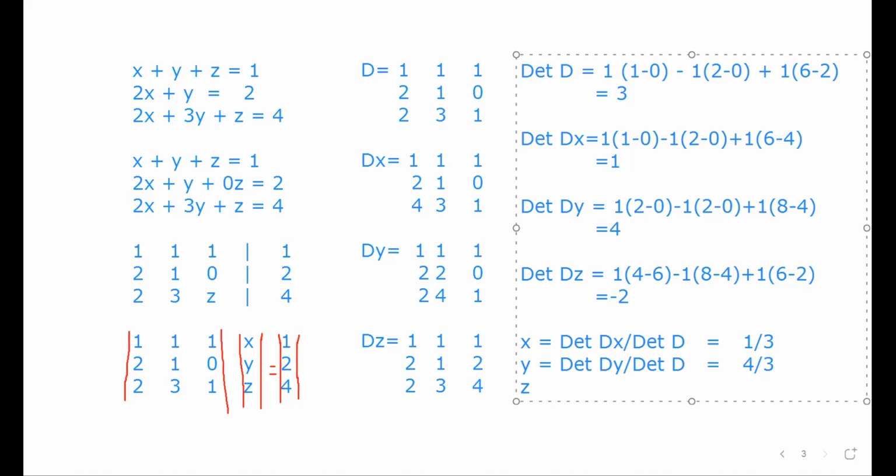And z is equal to determinant of dz divided by determinant of d, which is minus 2 over 3. So this is the answer.